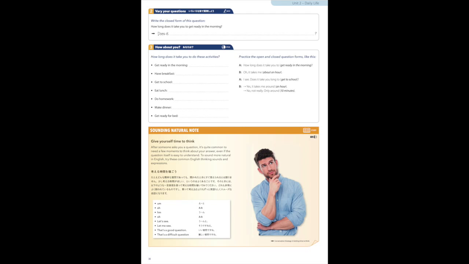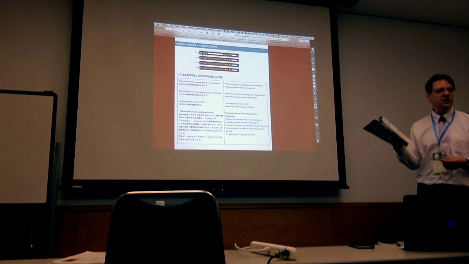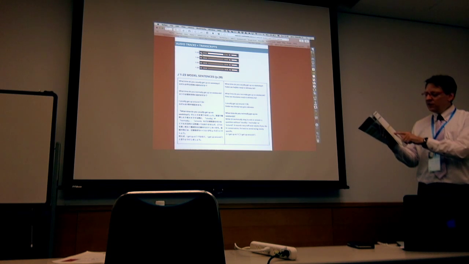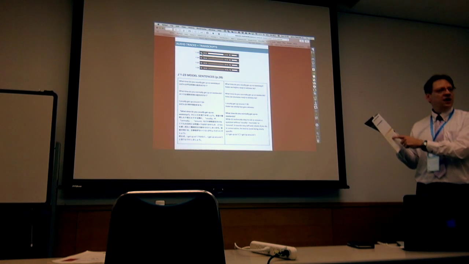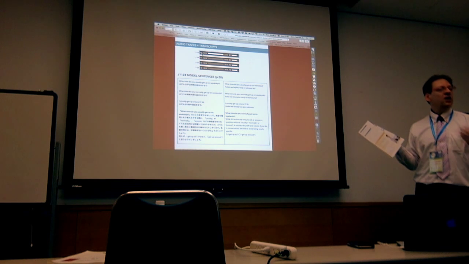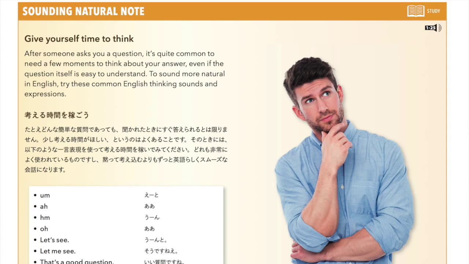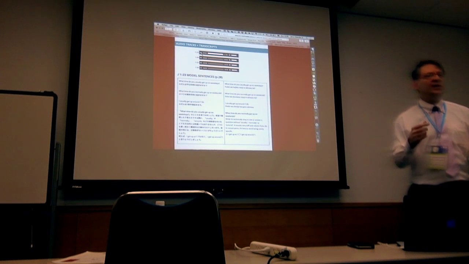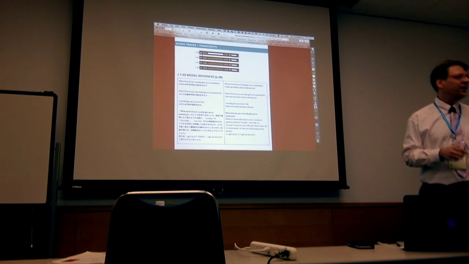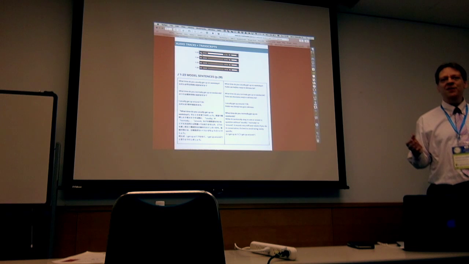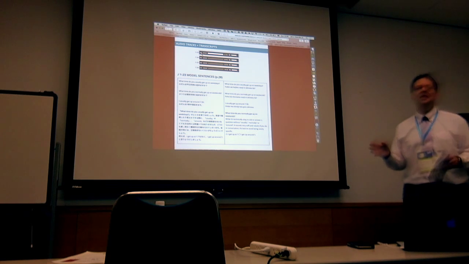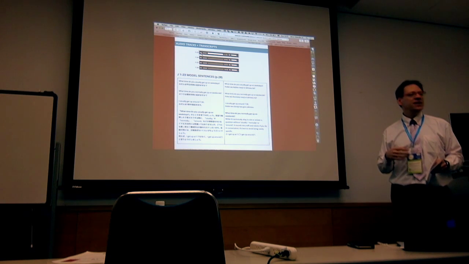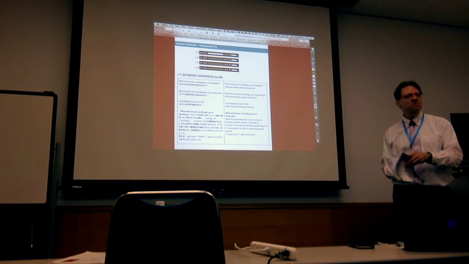So what's the pragmatic thing that we can focus on in this case? Well, one strategy that helps people sound more natural is pausing sounds to give yourself time to think. Many lower level students are speaking like "eto, nandaro, eto ne," and you hear that all the time. While it's not a big deal, it makes a big difference if they say "ah" or "let me see."